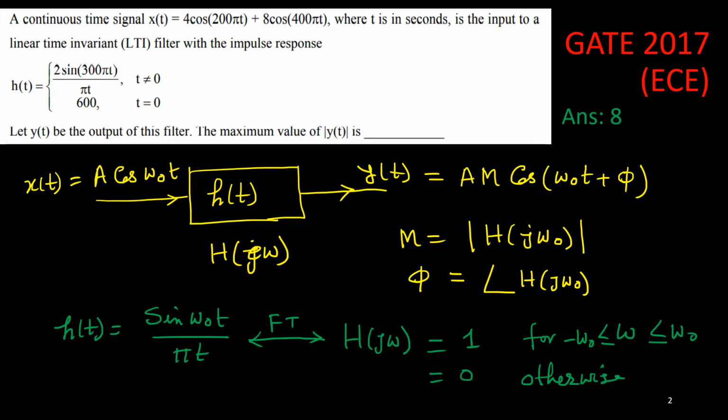So you will get a window from minus omega naught to plus omega naught, and that time it is uniform, it is 1, and rest side it is 0. So basically it is a pass band, it's a low pass filter kind of thing.